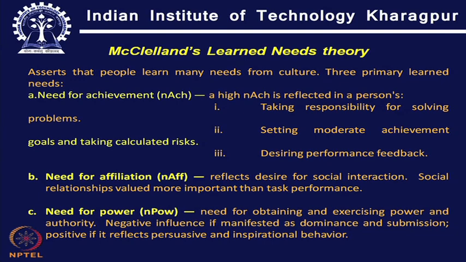Need for achievement is reflected in a person where there is taking responsibility for solving problems, setting moderate achievement goals and taking calculated risks. Third is desiring performance feedback. Together, these reflect a high need for achievement.